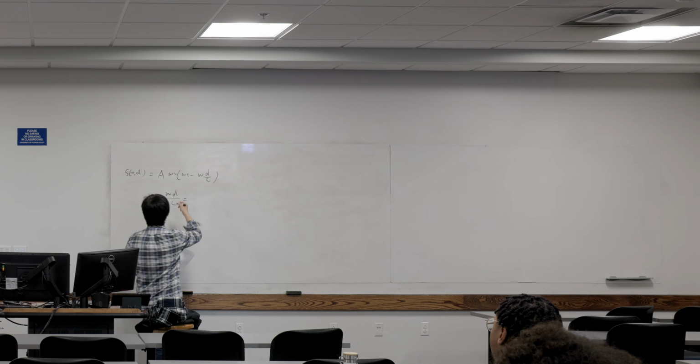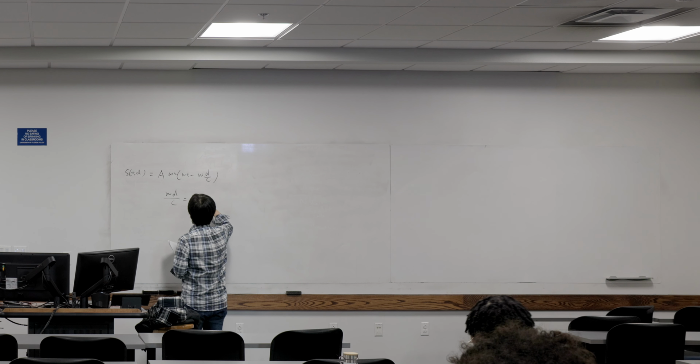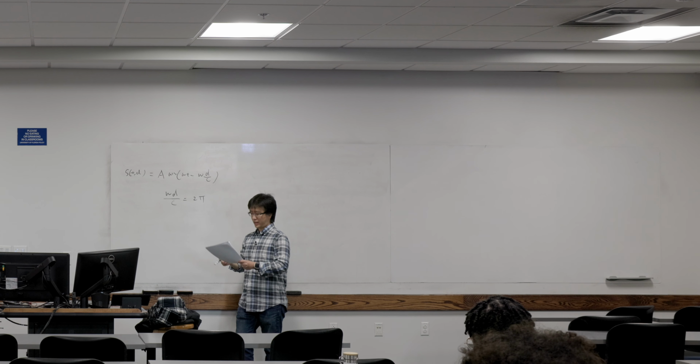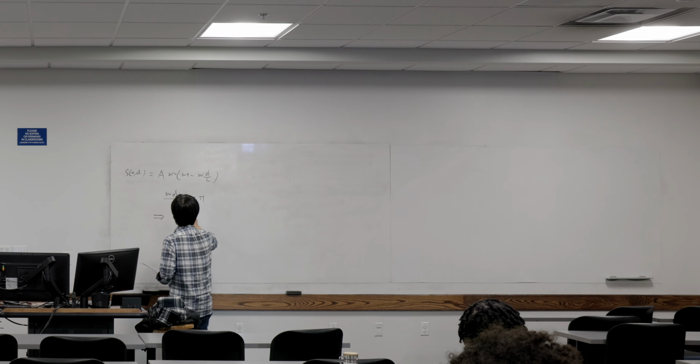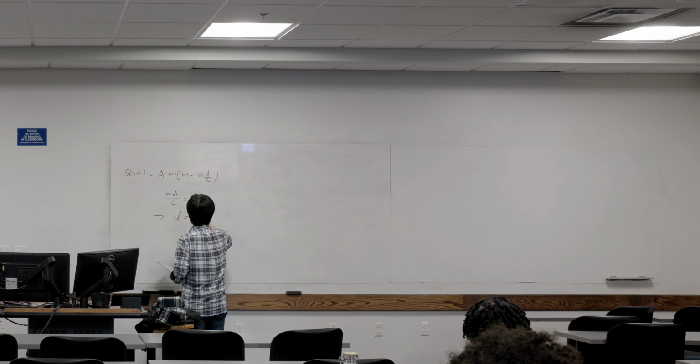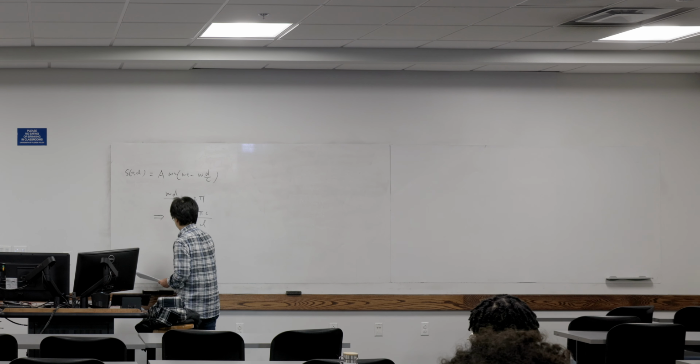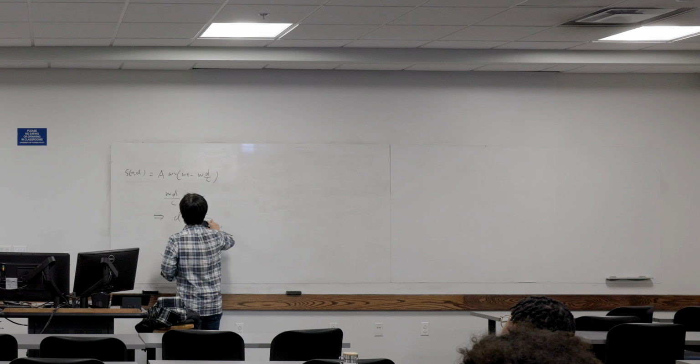So we let omega d divided by c equal 2 pi. From here we get the wavelength d equals 2 pi c over omega.